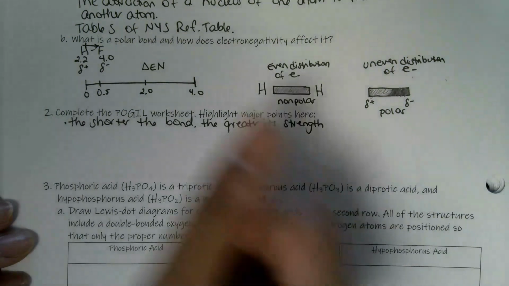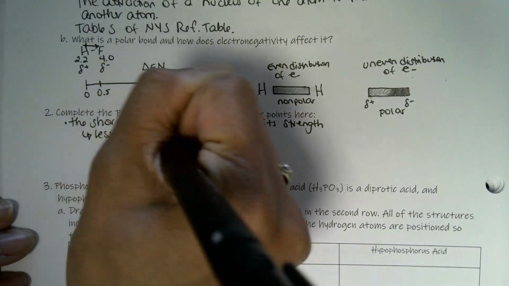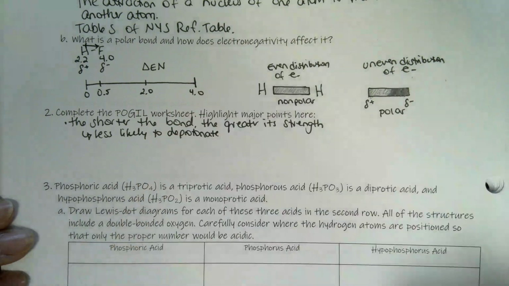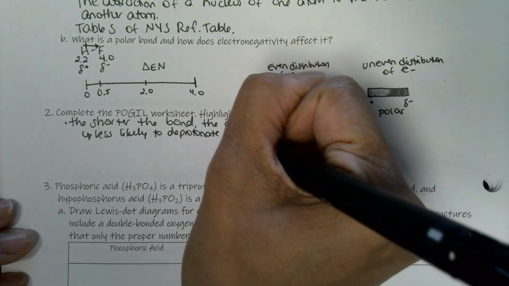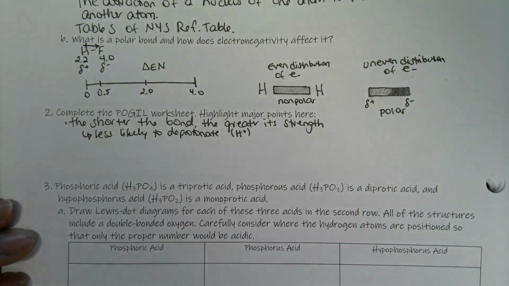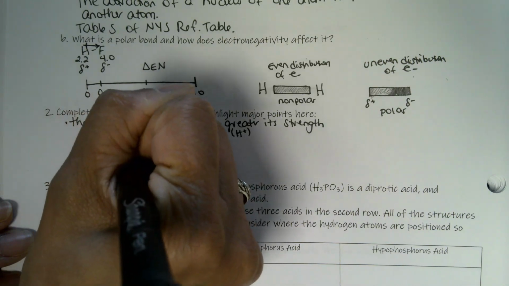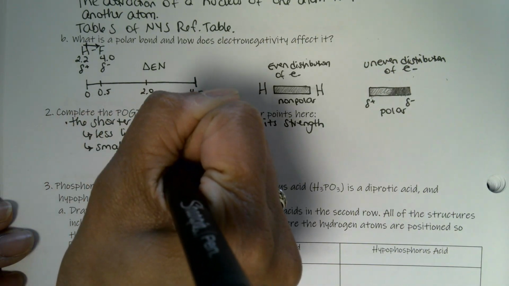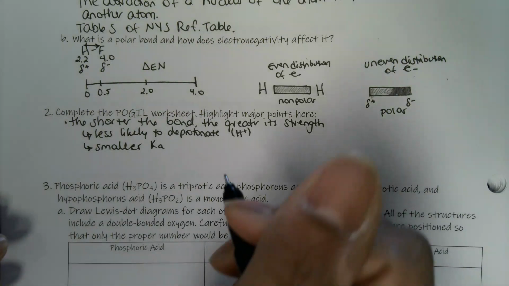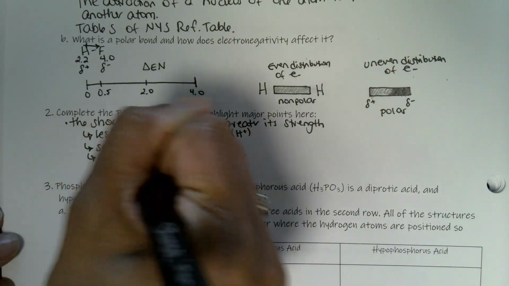So it's going to be less likely to deprotonate. And remember, when we're talking about deprotonating, or protonating, we're just talking about a hydrogen atom, or ion, excuse me, hydrogen ion. This then leads to a smaller Ka, and therefore this will be a weak acid.